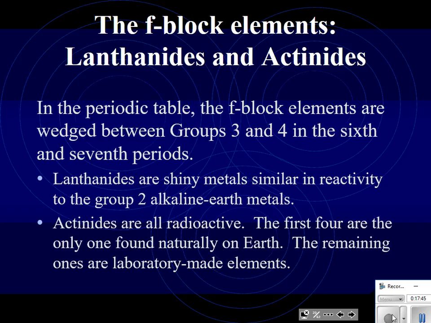So that would tell me that they're very reactive, because we said that the alkaline earth metals are very reactive. The actinides are all radioactive. The first 4 actinides are the only ones that are found naturally. All the other actinides are made in laboratories by scientists. So they are man-made elements.